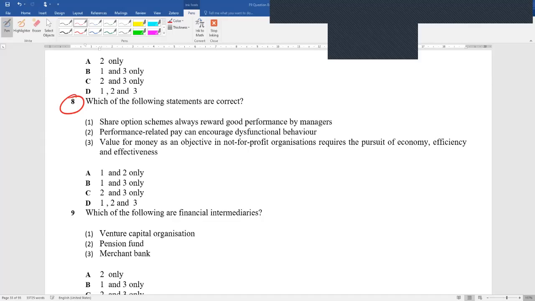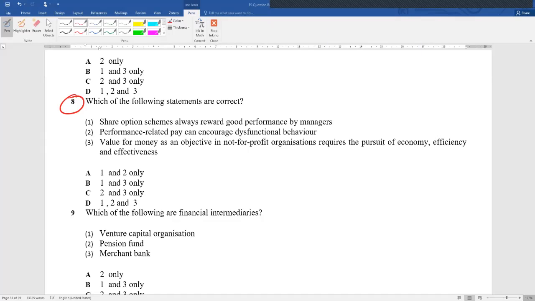That's why I try to say that at the end of the day, you may have cases where you are rewarding managers where they don't deserve it. So they do not always reward good performance, so the term here is not the correct term. Then performance pay can encourage dysfunctional behavior.